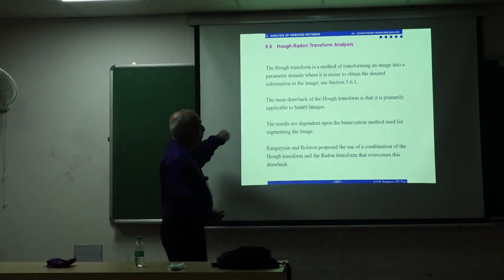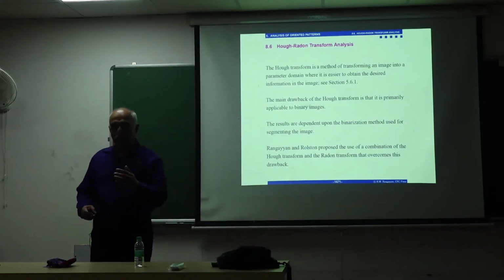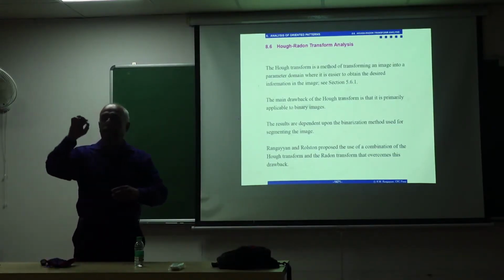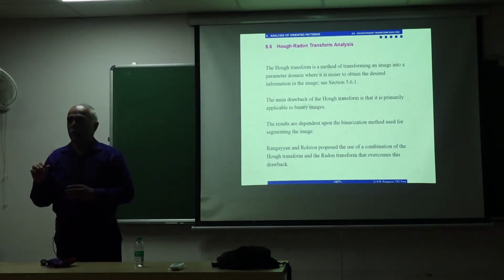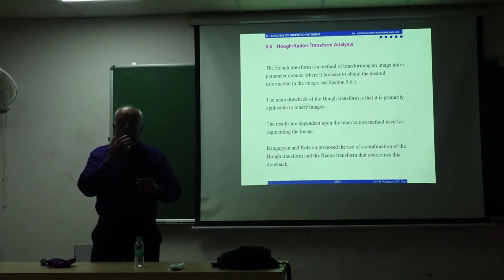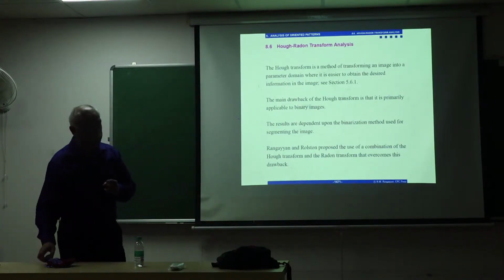The Hough transform is primarily applicable to binary images in the sense you must first detect the pattern and you are required to have a binary image where every pixel contributes to the output, to the transform, Hough transform domain. So there is a detection step required first, edge detection or line detection or something.